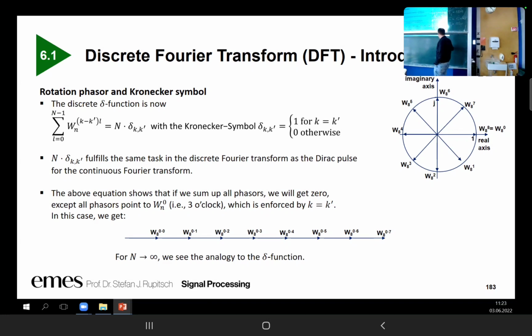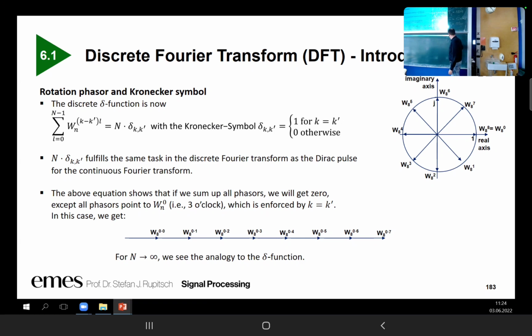If we have two phasors, the phasor and the signal, and both have the same frequency, then we can say one has the amplitude 1 and the phase plus phi, and the phasor is rotating in the opposite direction.